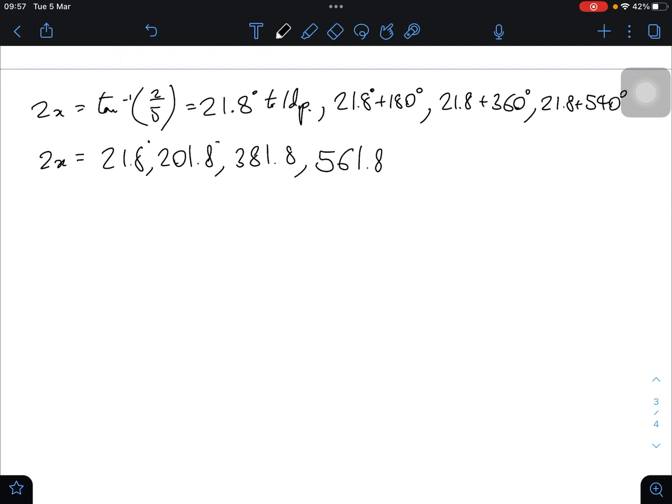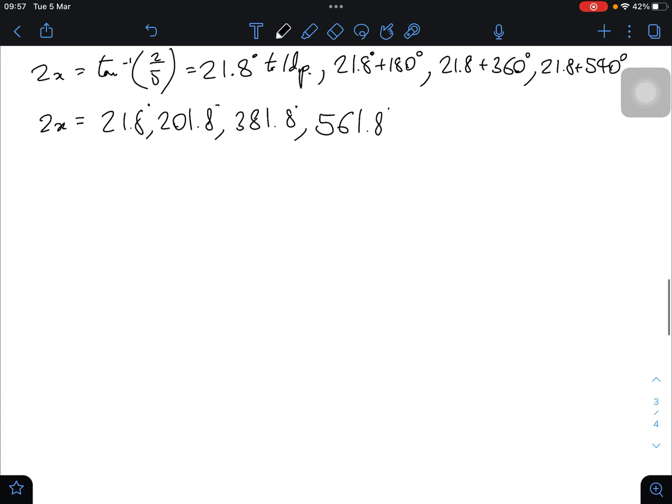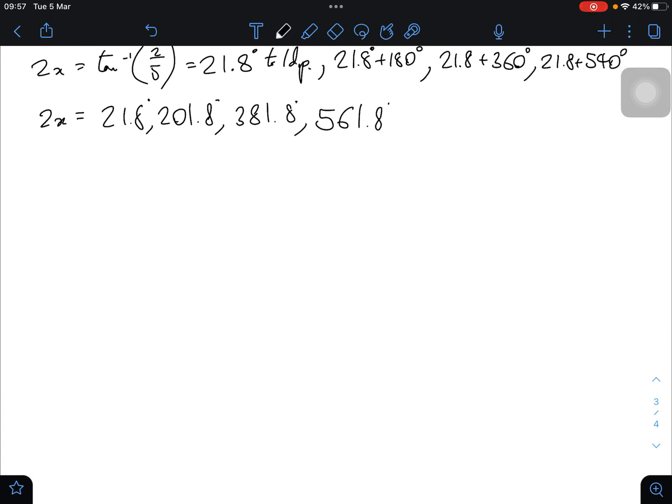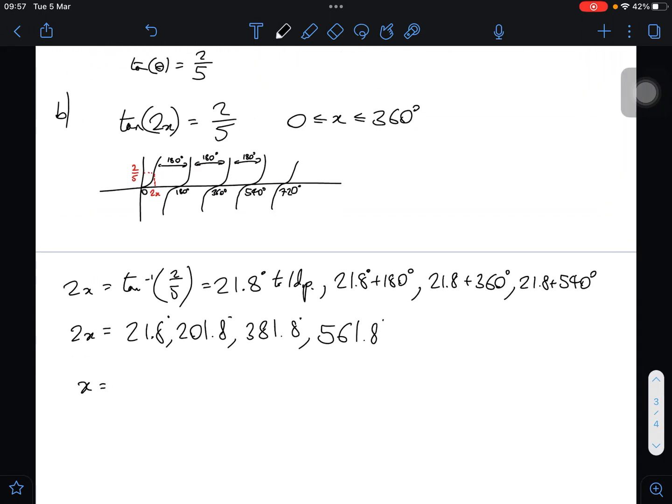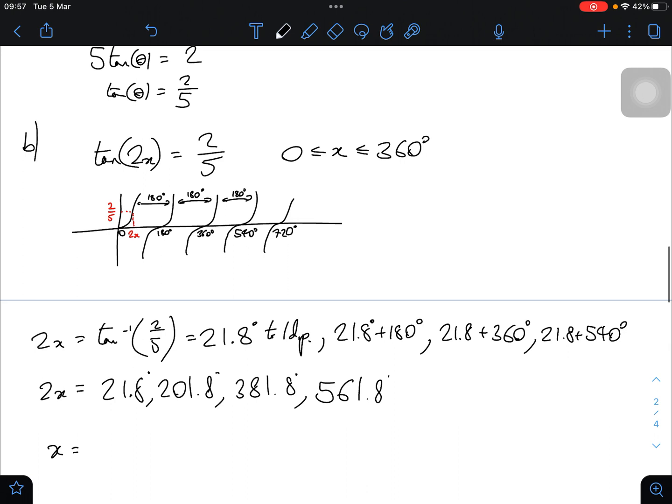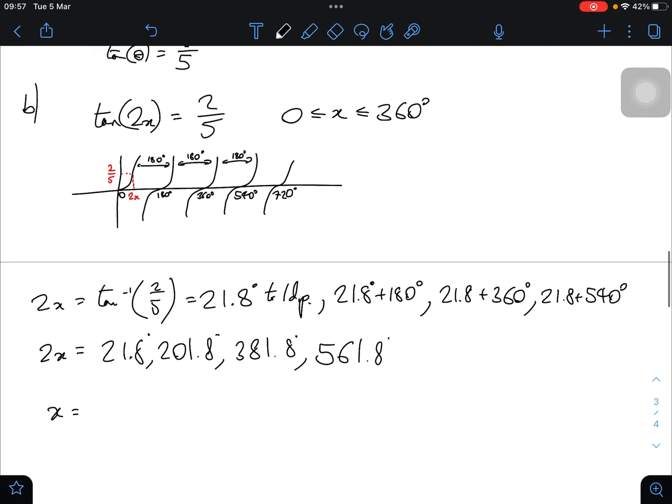And those are all degrees. And so this is what I meant. All my solutions are going to be divided by 2. And so x, because x is within the region of 0 to 360, the other way of thinking about it is x is between 0 and 360, so therefore 2x would be between 0 and 720.